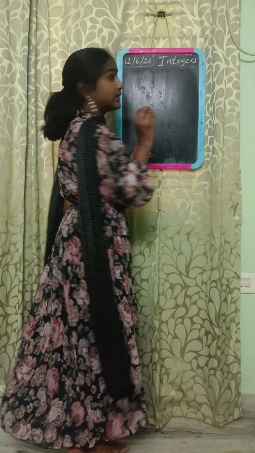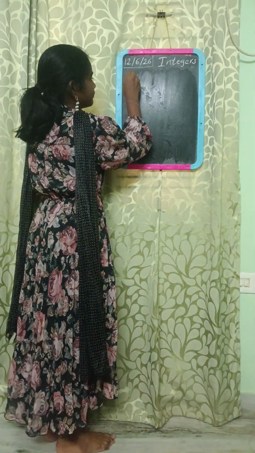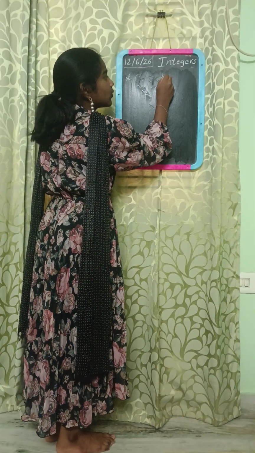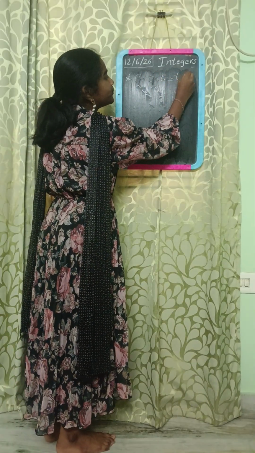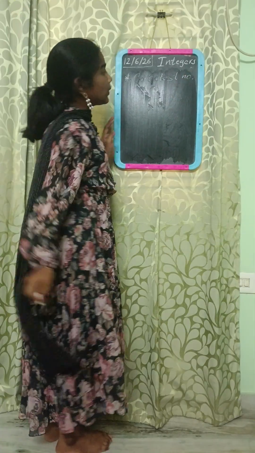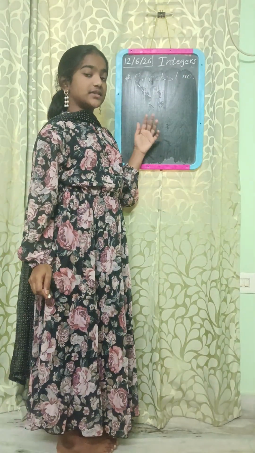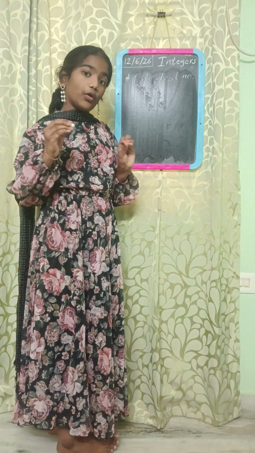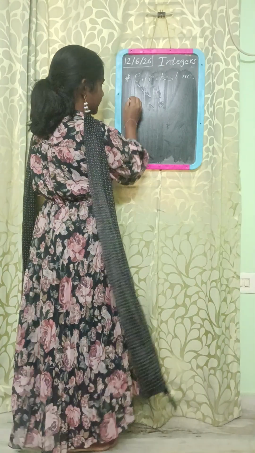So, now the greatest number. What is the greatest number in positive? 1, 2, 3, 4? No. The greatest number to find in the positive set. So, see here.